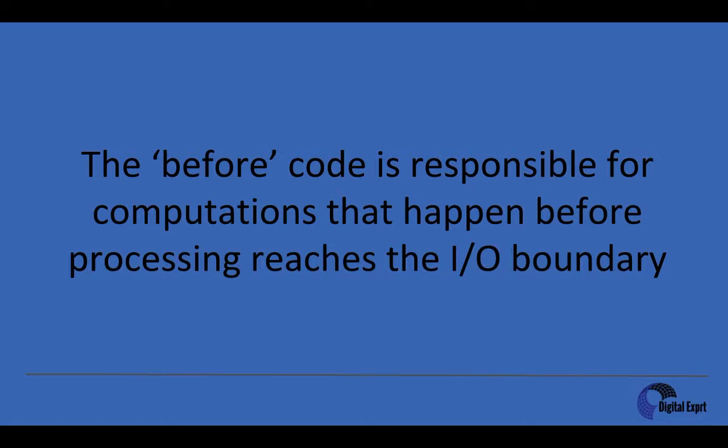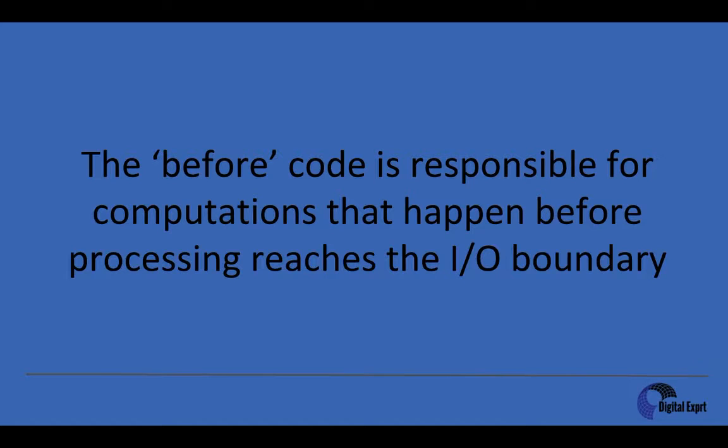But if we need to get something done by having two or more processes collaborate, then they will be doing that across the I/O boundary, the input-output. The communication is happening at that level, and we need to break the code into the block that is doing computation before we actually hit the I/O boundary.